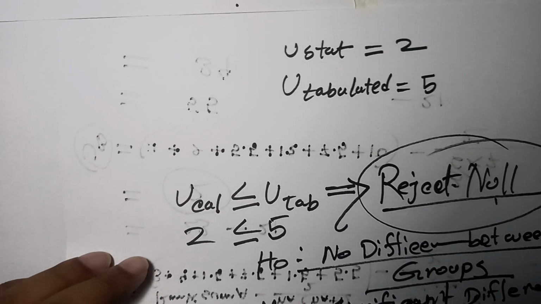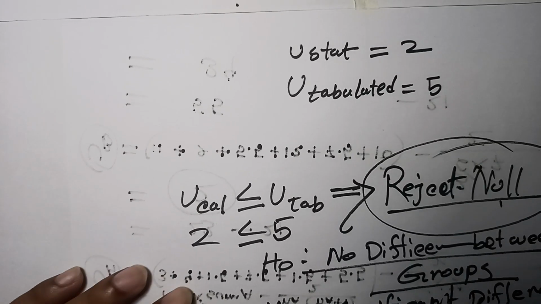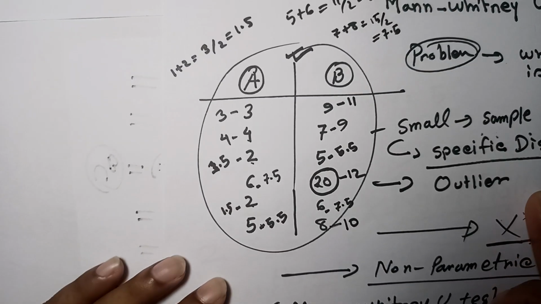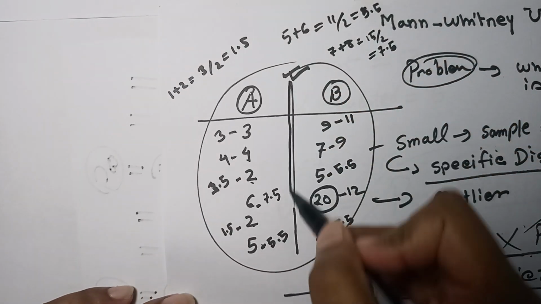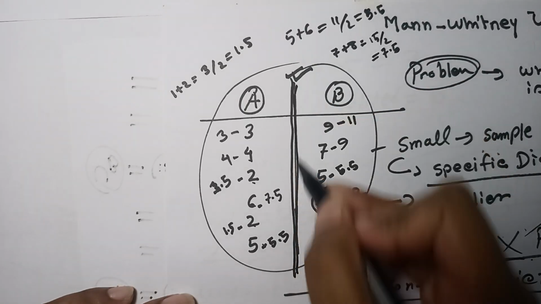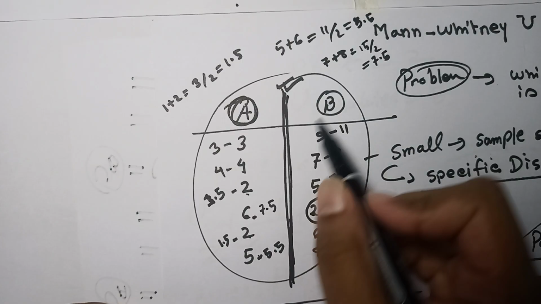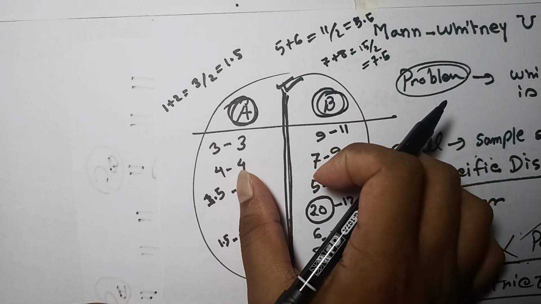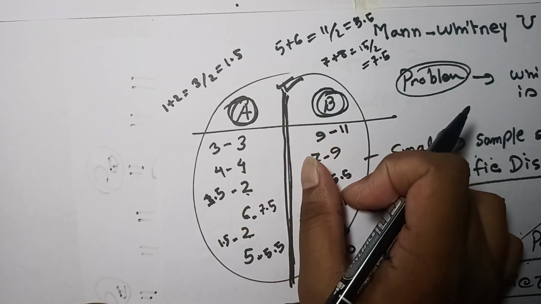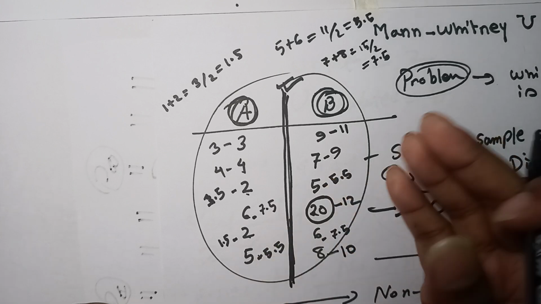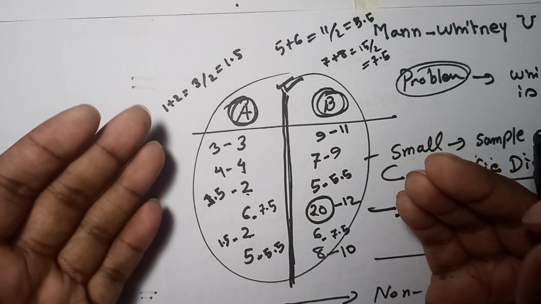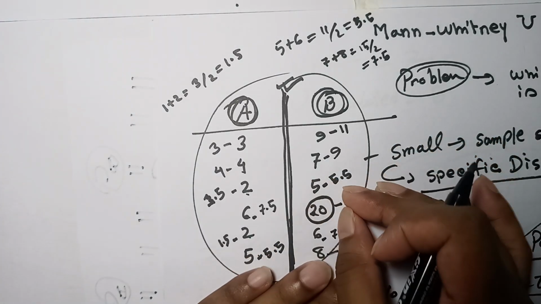So now, in the main event, these two groups have significant difference. So these two treatments are not equal in performance. So one of them outperforms the other. That's the basic theme here.